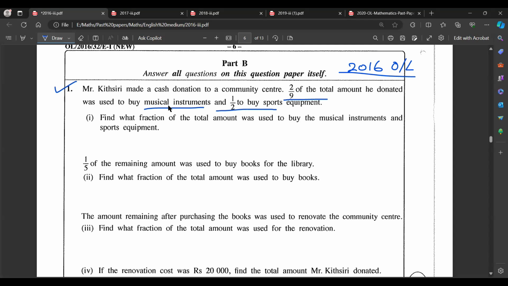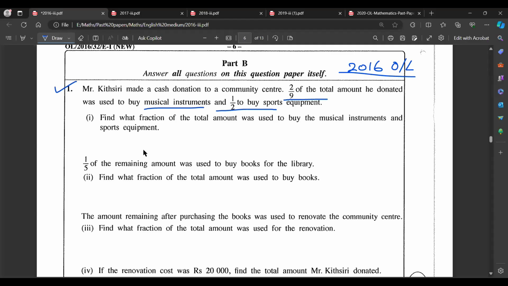If I write that one separately, you see the word, no? What are the fractions mentioned?